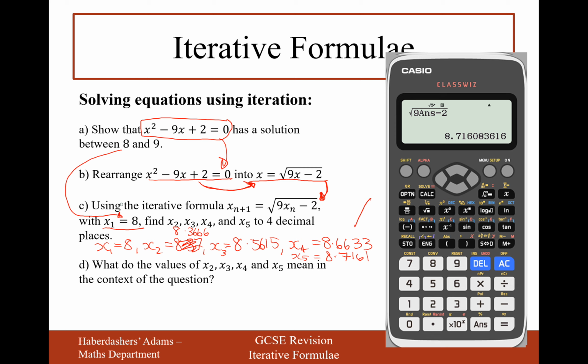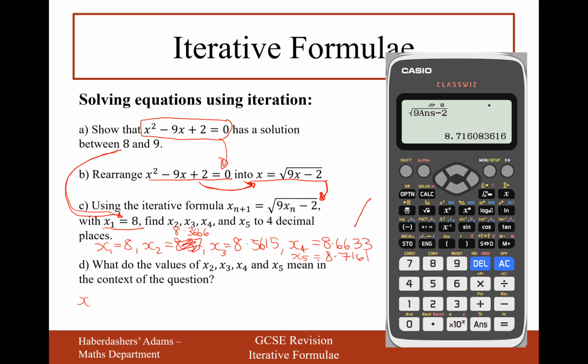And we started using this iterative formula at the number 8, where we know the equation has a solution in between. What we're doing as we use this iterative process is finding a more accurate answer to this equation as we generate the next numbers in the sequence.